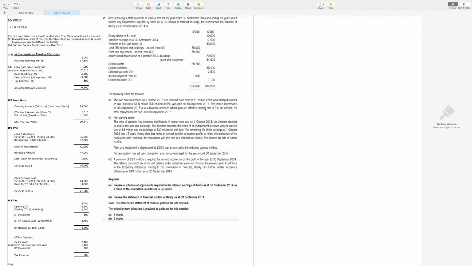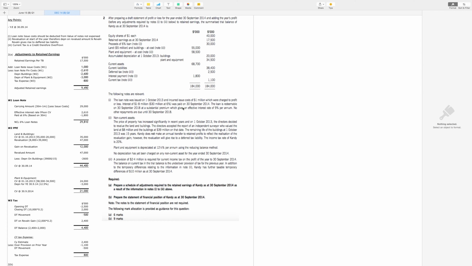So this is paid at the year end, which essentially means it was paid in arrears. And the loan is redeemable on the 30th of September 2018 at a substantial premium, which gives an effective interest rate of 9% per annum. No other repayments are due until the 30th of September.